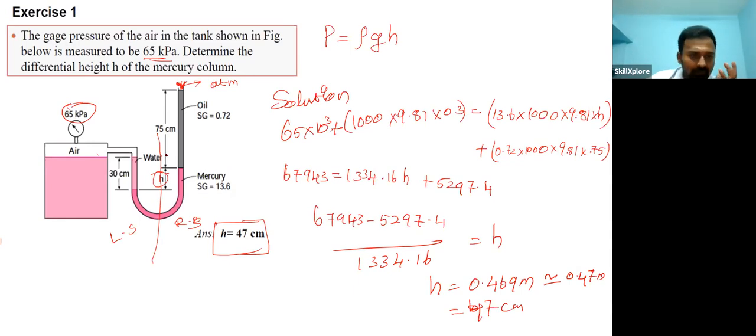So don't try to solve the whole equation. Just directly move on to the solution part. So is there any doubt in this problem? Is there any doubt? No. Okay.